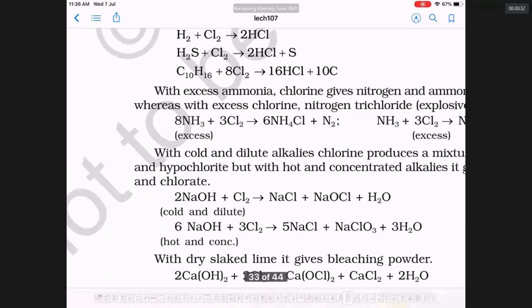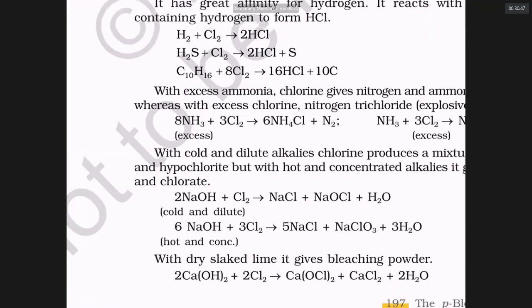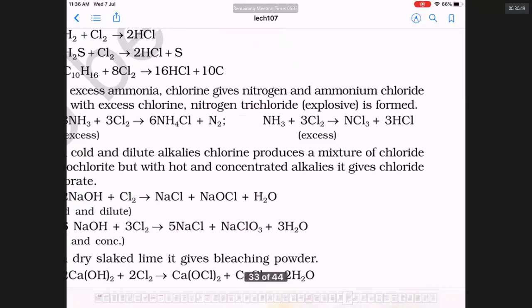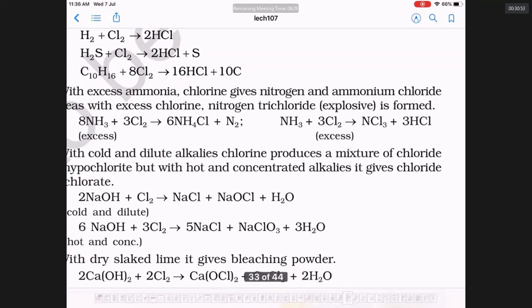You should clearly remember the ammonia excess 8:3 reaction and the chlorine excess 1:3 reaction. 8:3 means 8 moles of ammonia, 3 moles of chlorine. Chlorine in excess means 1 ammonia, 3 chlorine. Notice, if ammonia is in excess, you get N2 and ammonium chloride. If chlorine is in excess, you get NCl3, which is an explosive, and HCl.